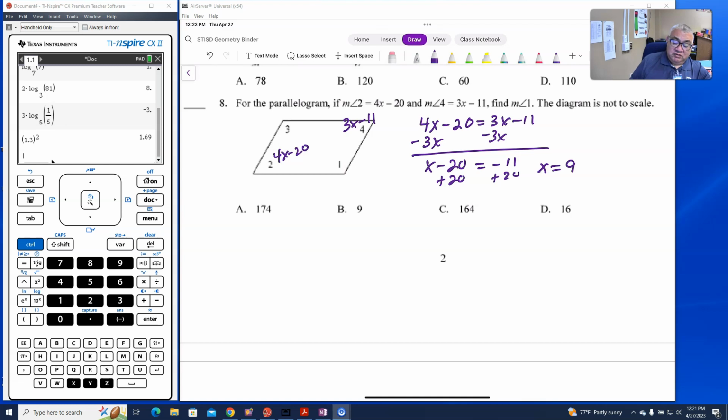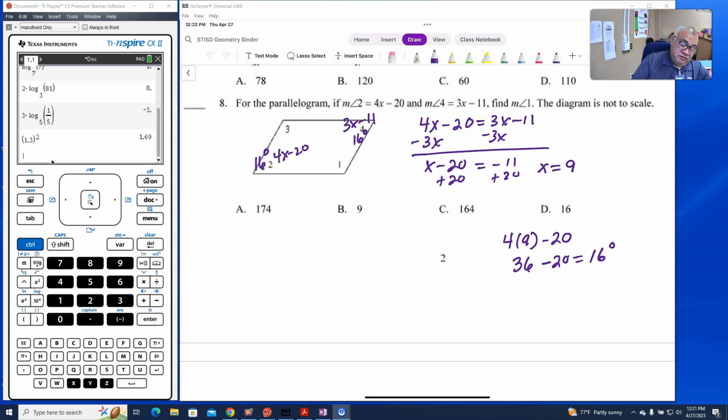If you want to figure out the measurement of angle 1, we need to figure out the measure of angle 2, and we do that by substitution. So we have 4 times 9 minus 20. 4 times 9 is 36 minus 20, which gives you 16 degrees. So this is 16 degrees, and this is 16 degrees. Now, one of the properties that we know in a parallelogram is that consecutive angles are supplementary.